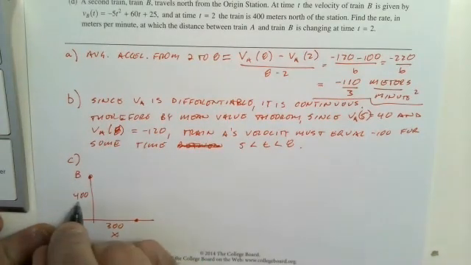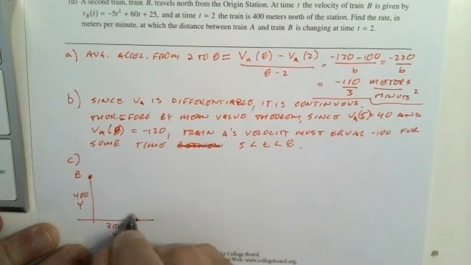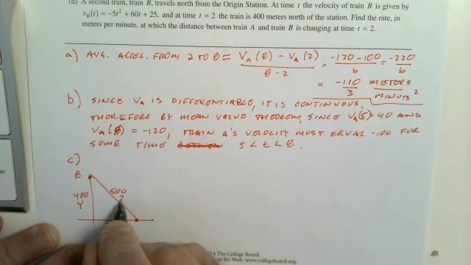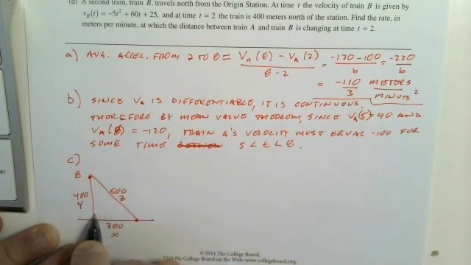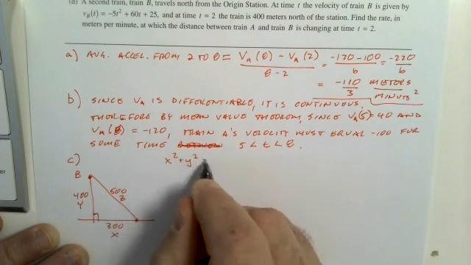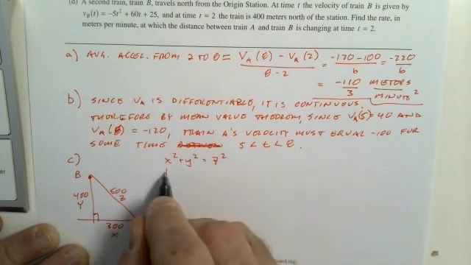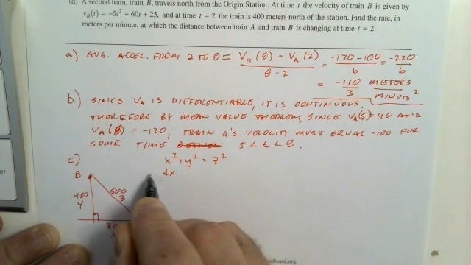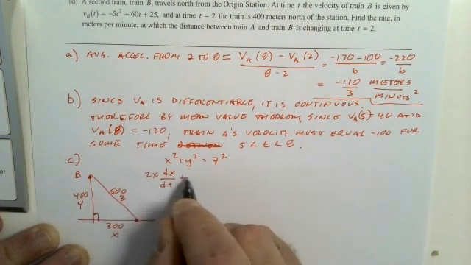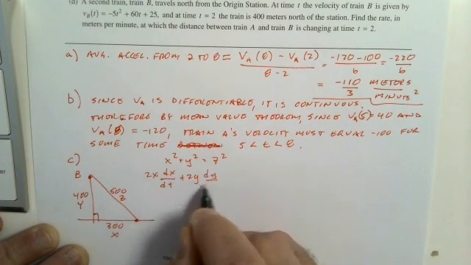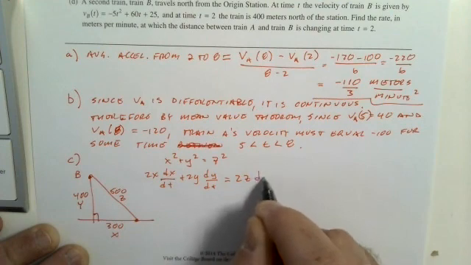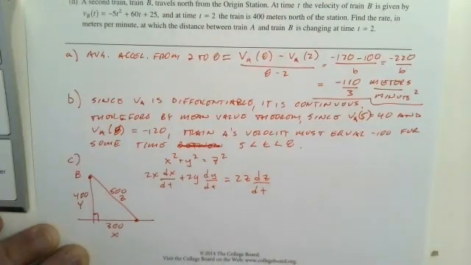This is your x, this is your y, this is your z, which, by the way, happens to be 500. 300, 400, 500. So x squared plus y squared equals z squared. It's a rate. 2x dx dt plus 2y dy dt equals 2z dz dt.